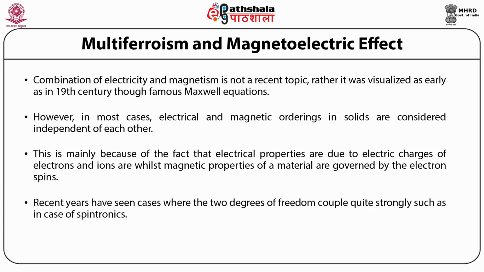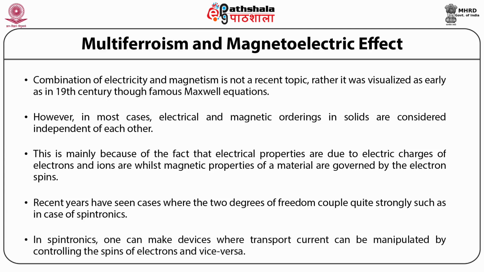Recent years have seen cases where the two degrees of freedom couple quite strongly, as in the case of spintronics. In spintronics, one can make devices where transport current can be manipulated by controlling the spins of electrons and vice versa.